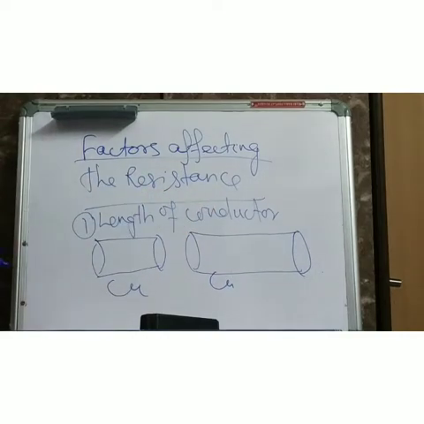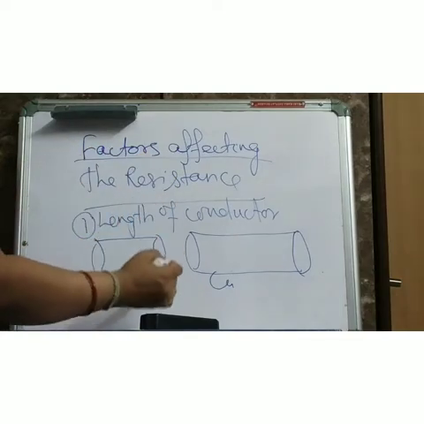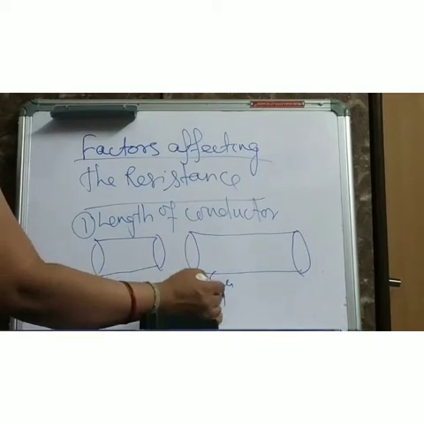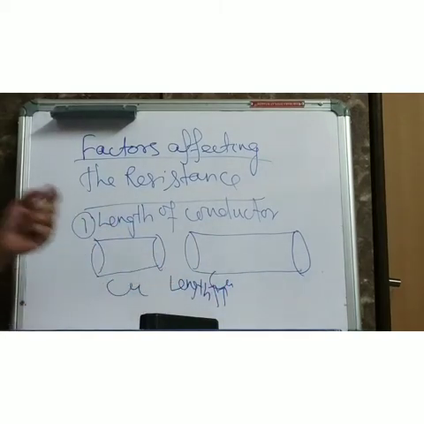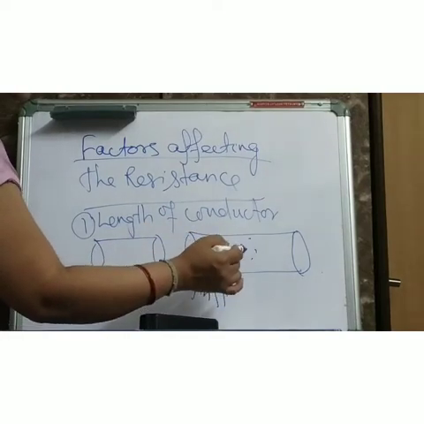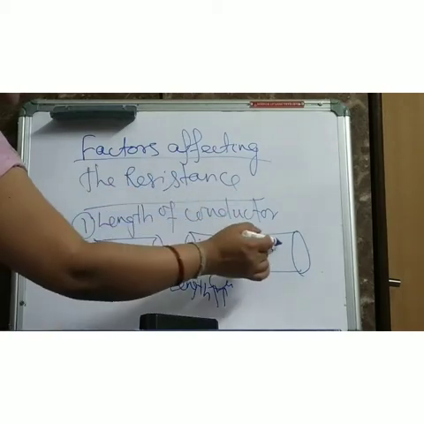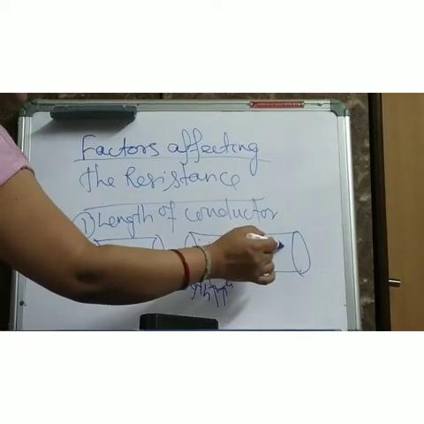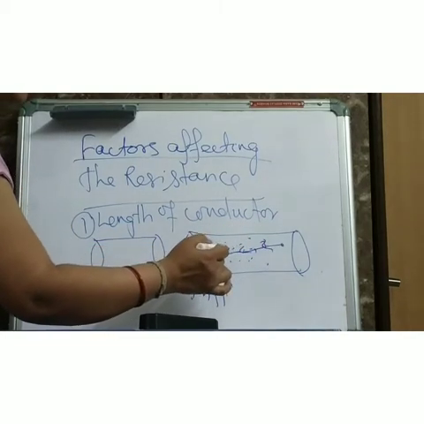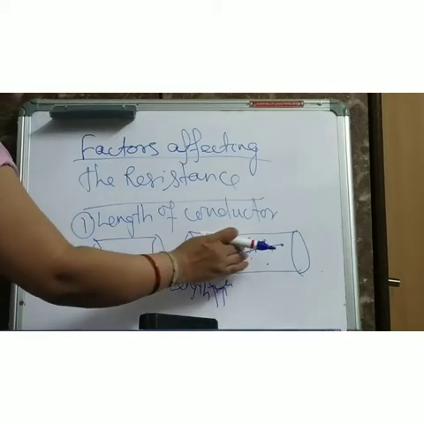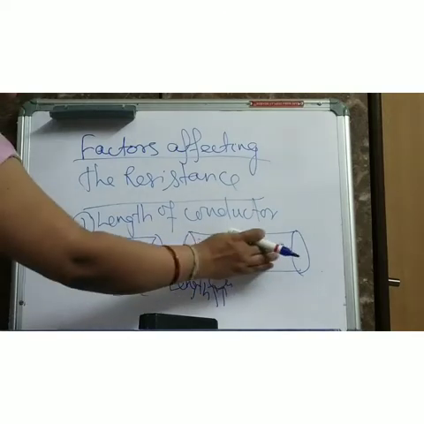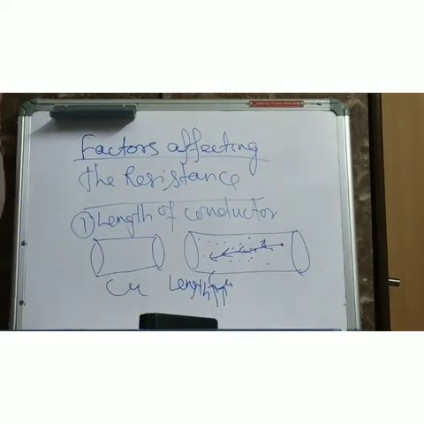When the length increases, what is happening? That means more atoms and electrons are there, and these free electrons, when moving from this terminal to that terminal, have to face more collisions. So this electron will collide more while traveling this much distance to reach the other terminal.